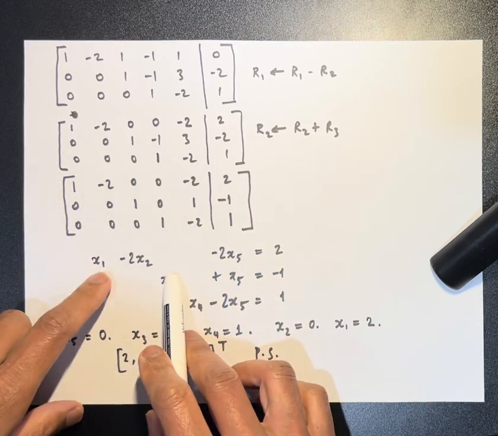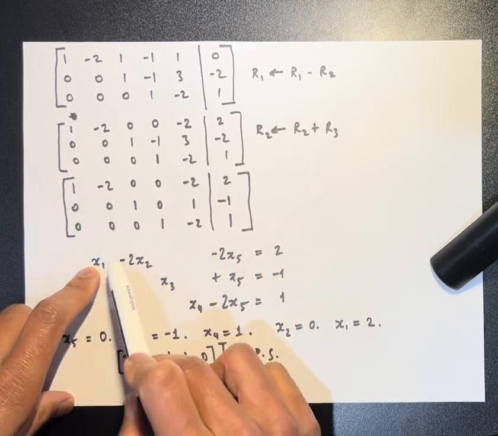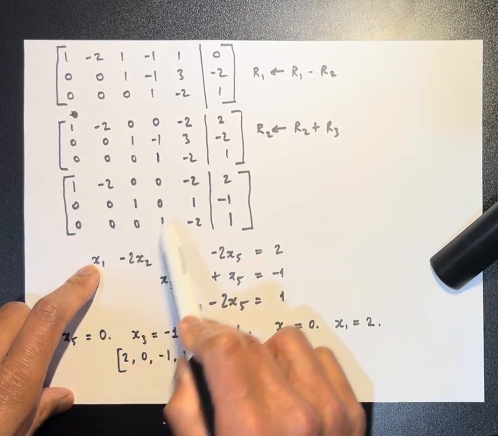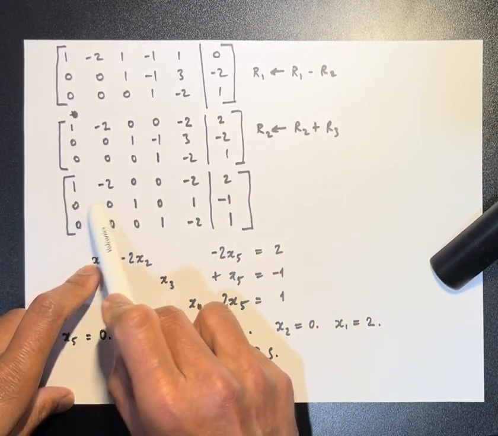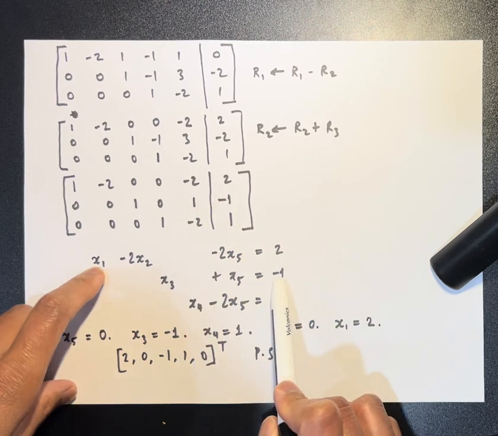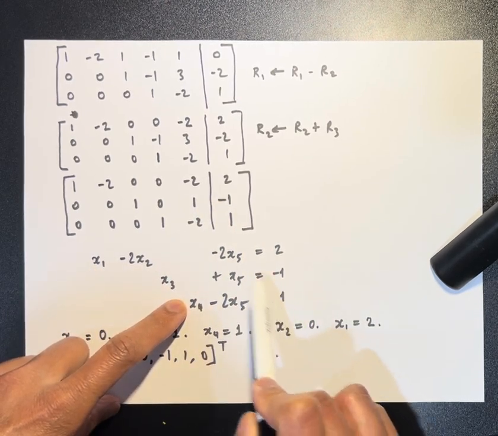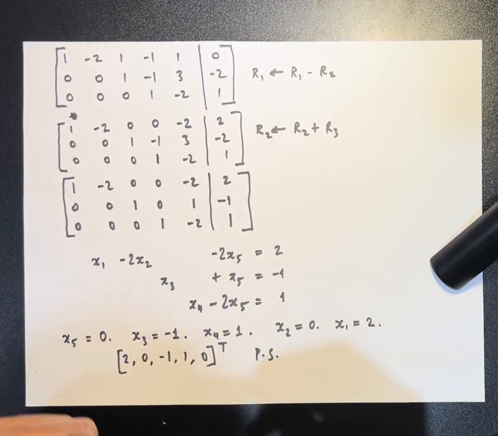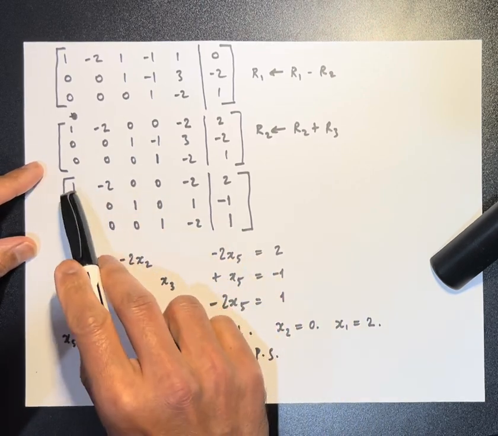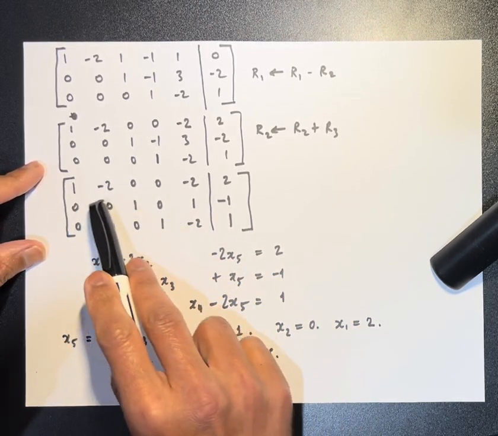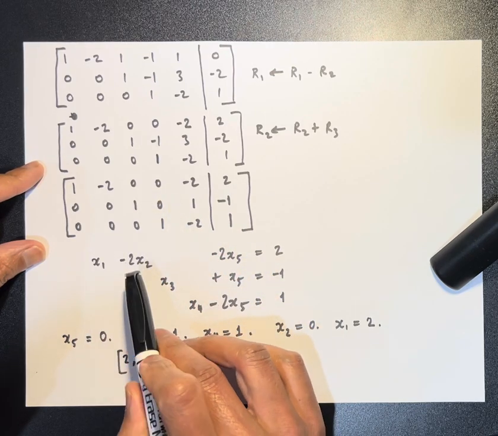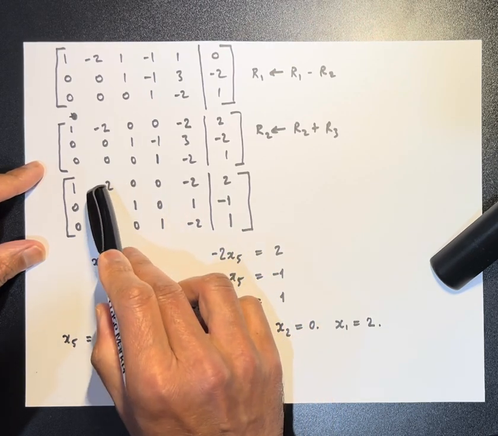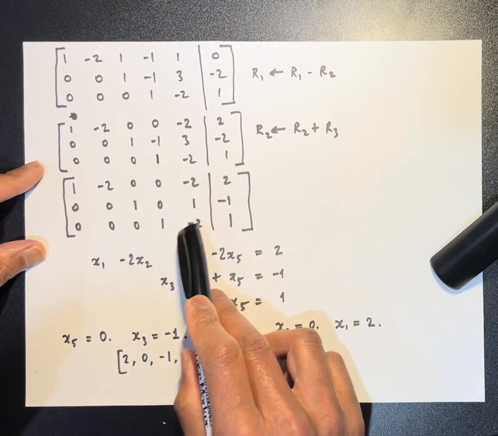Now we write the equation here. It's x1 minus 2x2 minus 2x5 equals 2, and then these two are gone. x3 plus x5 is -1, and x4 minus 2x5 equals 1. Now what this means is, wherever there is a 1, those corresponding variables we'll leave aside for a moment. The other ones, like x2 and x5, are different.